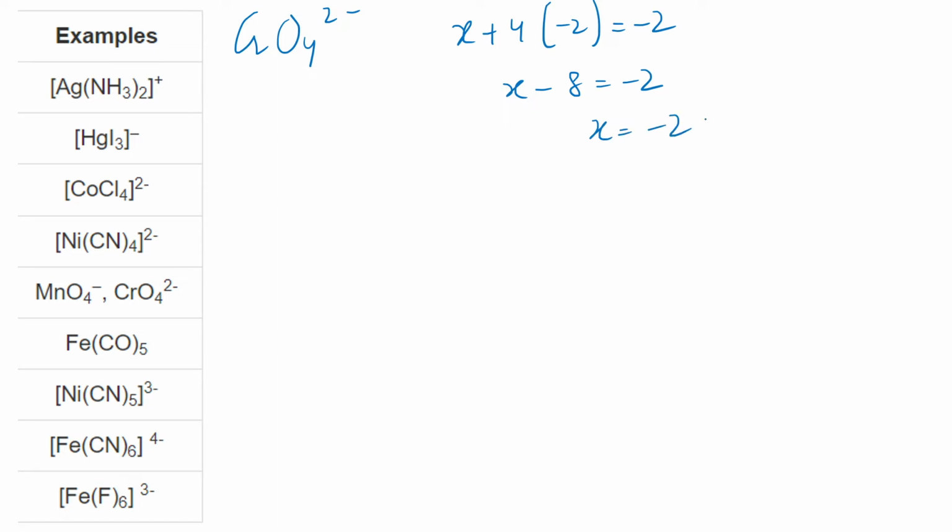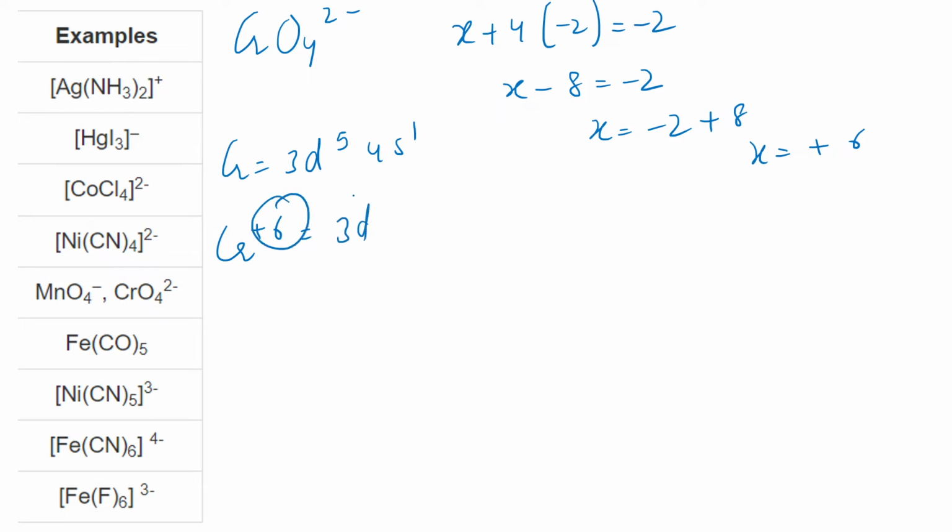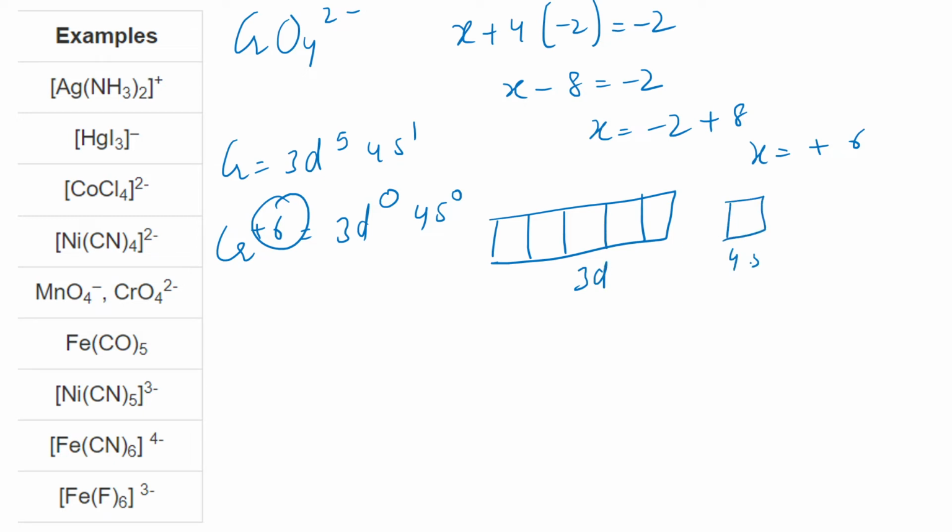X is equal to minus 2 plus 8. X is equal to plus 6. Chromium has an electronic configuration of 3d5 4s1. Chromium plus 6 has an electronic configuration where all the 6 electrons will be removed. 3d0, 4s0. So we have an empty 3d, empty 4s, and empty 4p.